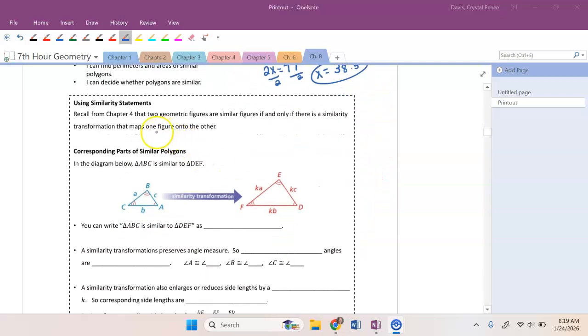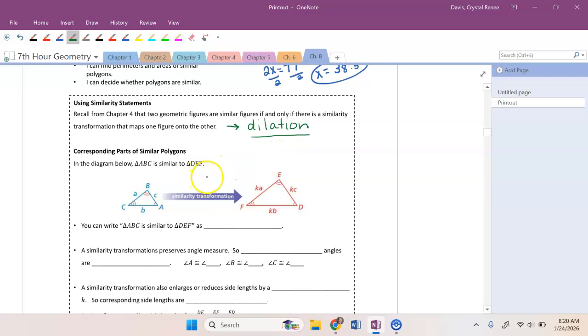All right, similarity statements. And see here it says again, recall from chapter 4, that was our transformations chapter, that geometric figures are similar if and only if there is a similarity transformation that maps one figure onto the other, okay? And because it changes sizes, that will include a dilation. Now that doesn't only include dilations, it could include a dilation and a translation or a dilation and a reflection or whatever, but there is a dilation because it gets bigger or smaller.